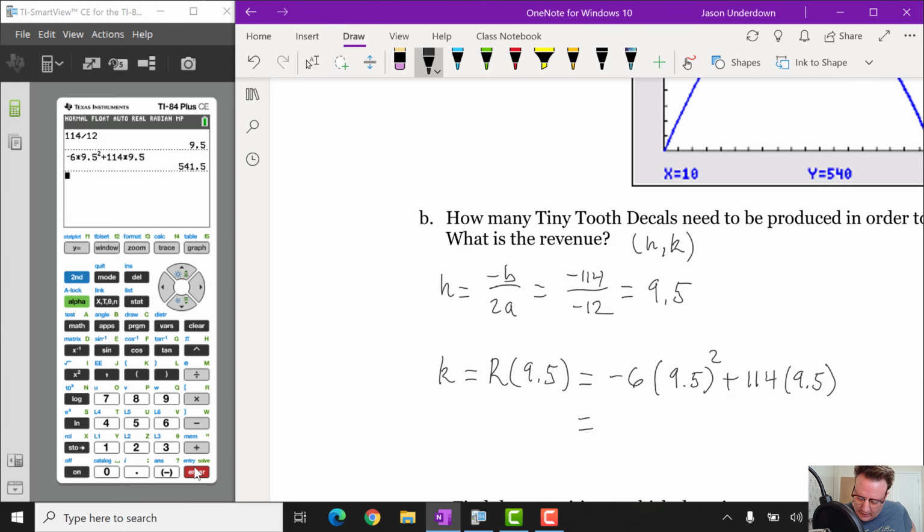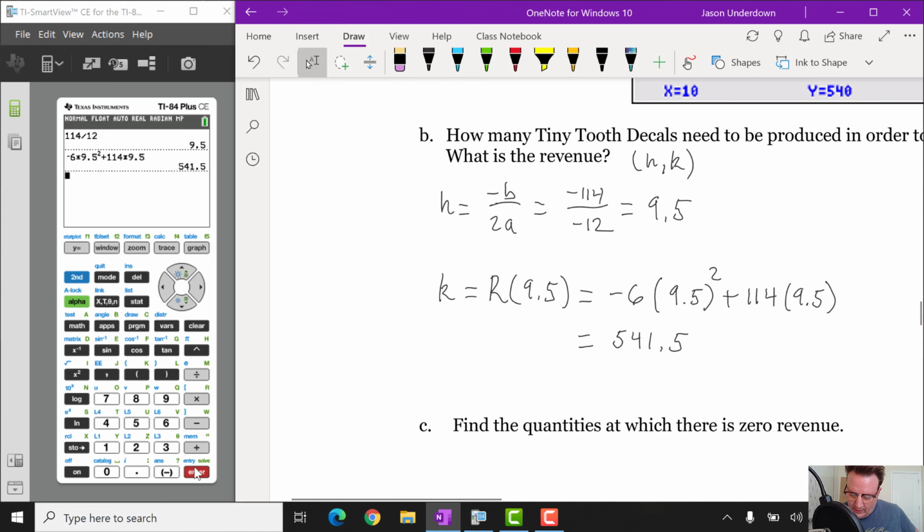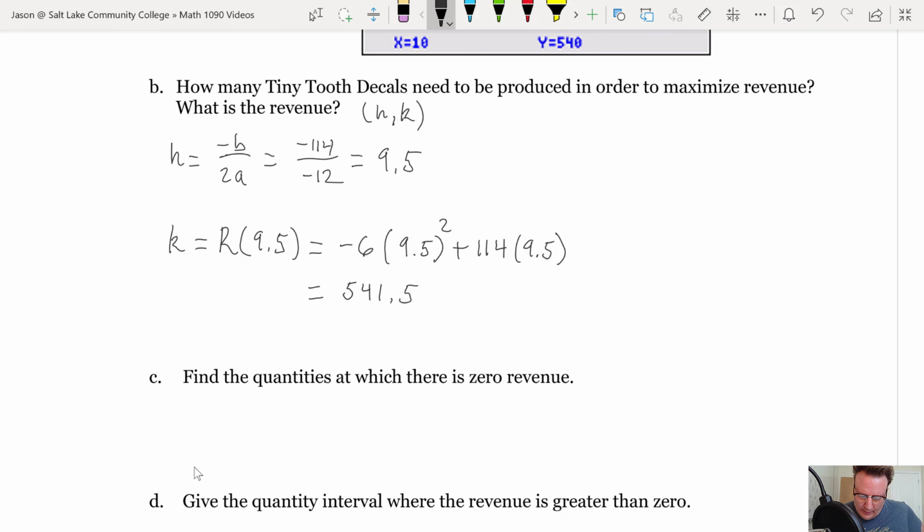Okay, and we get a k value of 541.5. Okay, so then, coming back now to OneNote, let's see, did we answer the questions? How many tiny tooth decals need to be produced in order to maximize revenue, and what is the revenue?